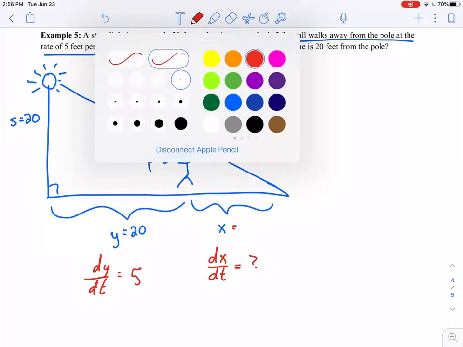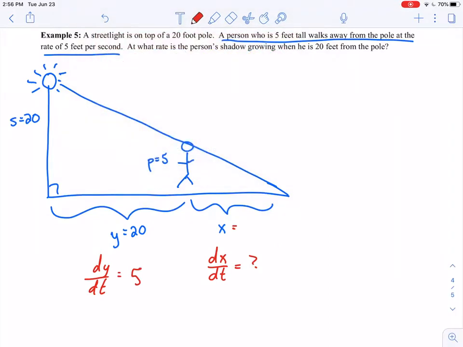Just to give a few more derivatives, this streetlight right here, we said that was 20 feet tall. That height is not changing, right? The street light isn't getting longer or shorter. So let's say that ds/dt is equal to 0, just so that we have that. This person right here, let's assume that they're not growing or shrinking in any measurable or significant way.